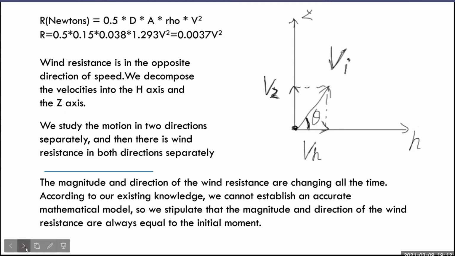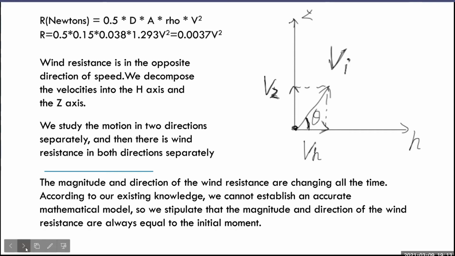So we can find the air resistance. We know everything except velocity. For this question, the resistance is in the opposite direction of the speed, so we decompose the velocities into the h-axis and the z-axis. We study the motion in two directions separately, and there is wind resistance in both directions separately.